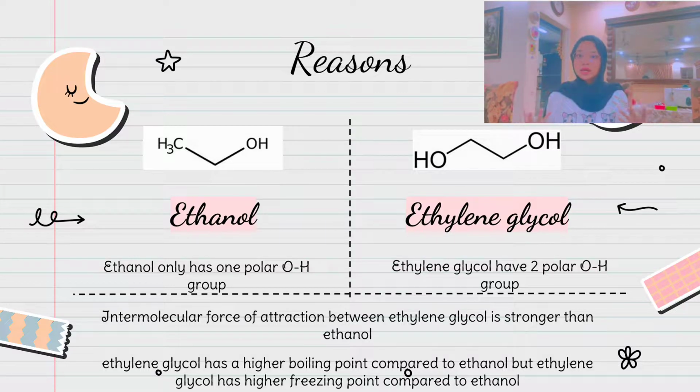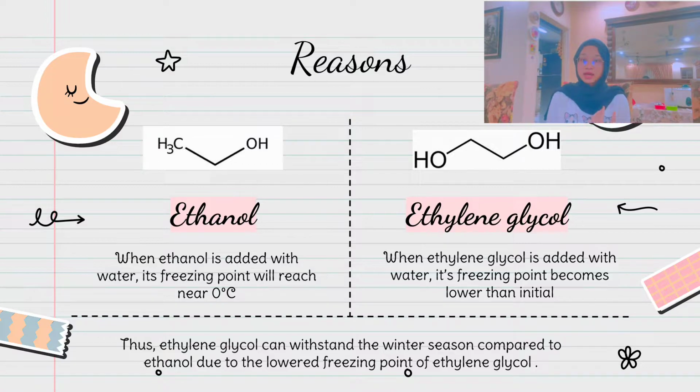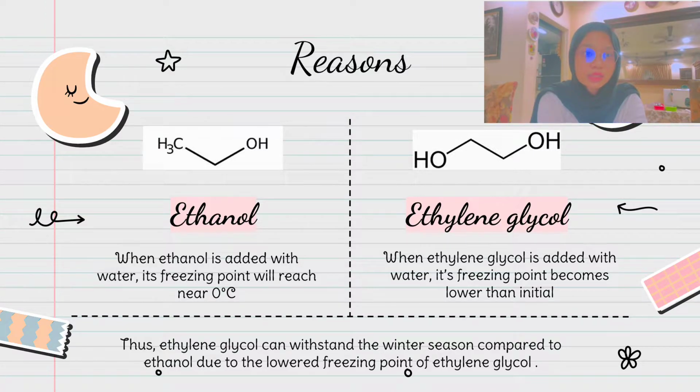Since ethylene glycol has stronger intermolecular forces, its boiling point and also freezing point are higher than ethanol. That is why when ethanol is added with water, its freezing point will reach near 0 degrees Celsius. But when ethylene glycol is added with water, its freezing point becomes lower than initial. Thus, ethylene glycol can withstand the winter season compared to ethanol due to its lower freezing point.